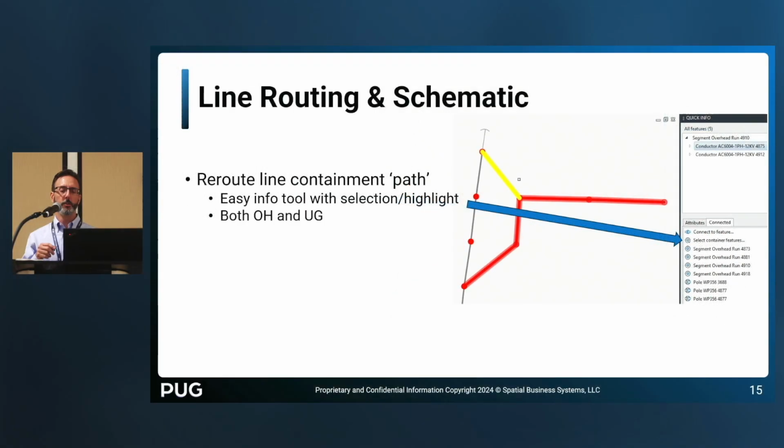So it basically allows you to do complex rerouting without generating an invalid route along the way, right? So you're able to change this route, and it's going to give you feedback to make sure that you've got every link in that chain selected to a valid route and then complete it. So this will help with situations where you may have a rerouting along a pole line or a complex reroute for underground.